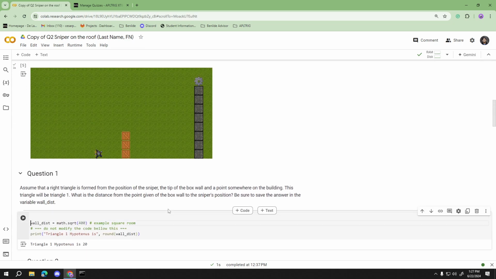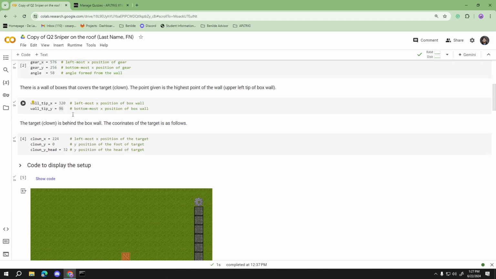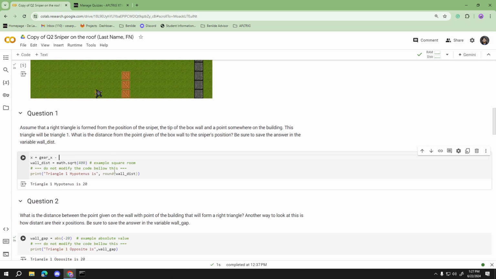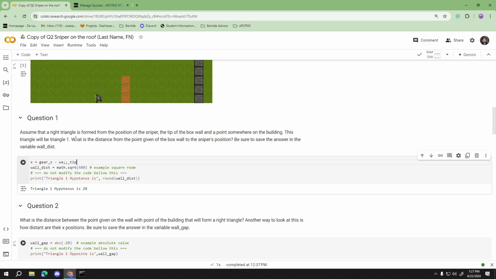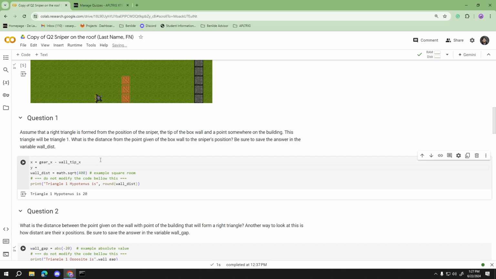How do we use that? We have X, which is gear X minus wall tip X. Then for the Y, we have gear Y minus wall tip Y. Again, it's important that we use the same X and Y. We have the X on the gear and the Y on the gear, and we subtract the wall tip X and the wall tip Y. That's important.